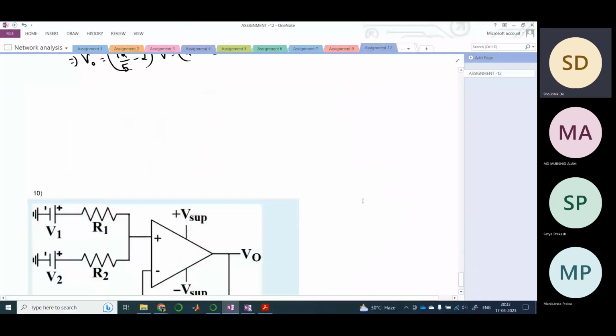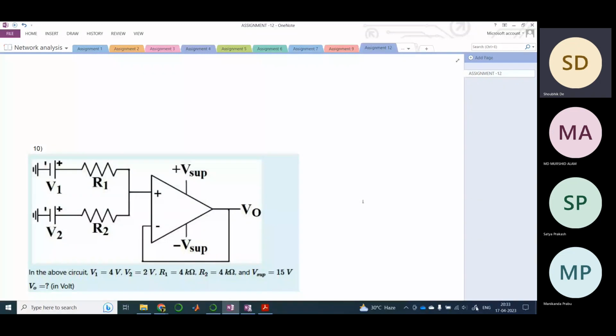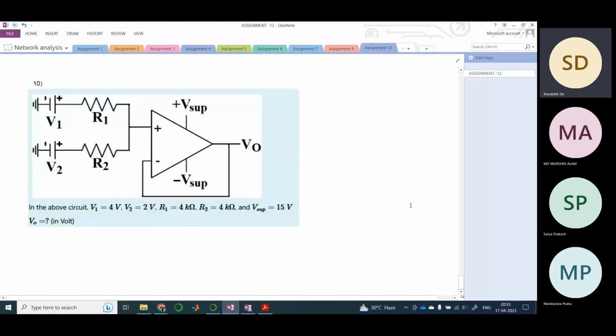So going back to the last problem here. Again see here, in this problem, this is the positive terminal and this is the negative terminal, I mean the non-inverting and inverting terminal, and this has a direct feedback to the out terminal. So we can say that V plus and V minus are the same, because this is an ideal op amp.